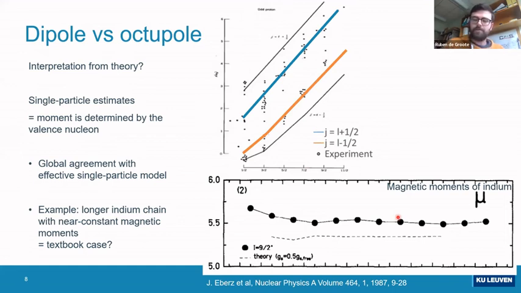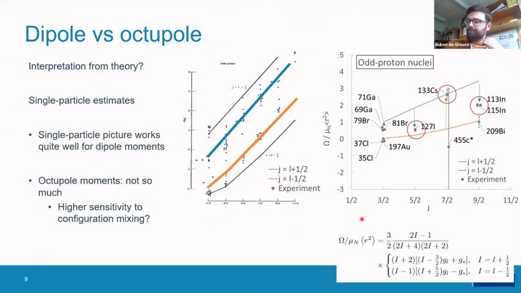All that matters is this unpaired proton. It's been considered one of the textbook cases to demonstrate the validity of the shell model. Because of that, as Kieran also mentioned, these indium isotopes are considered to exhibit a very clear single particle-like structure, and were quoted as a textbook example of that.